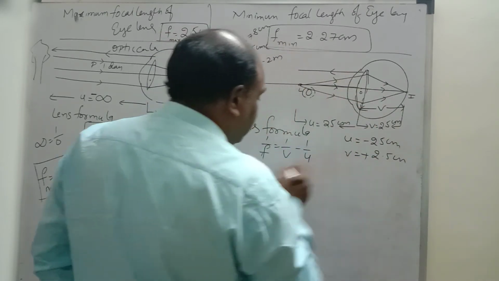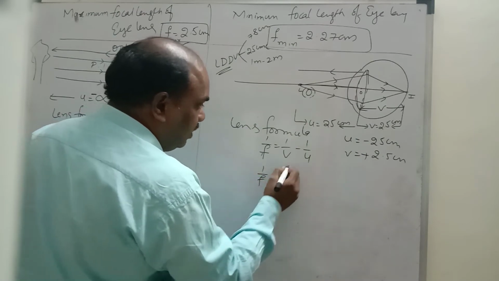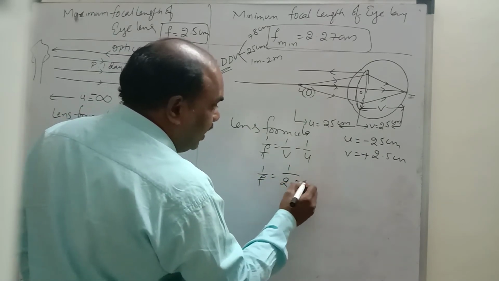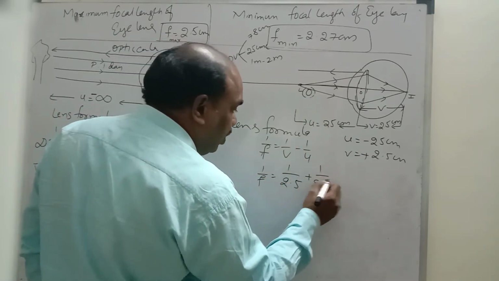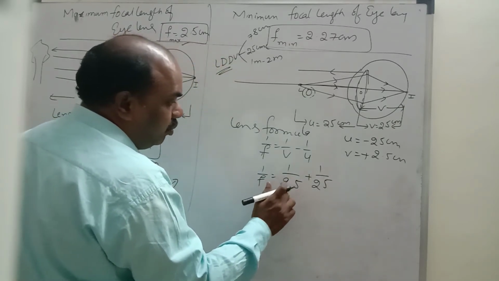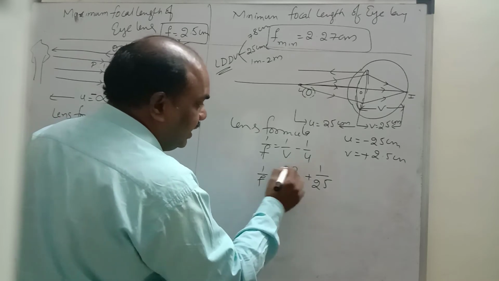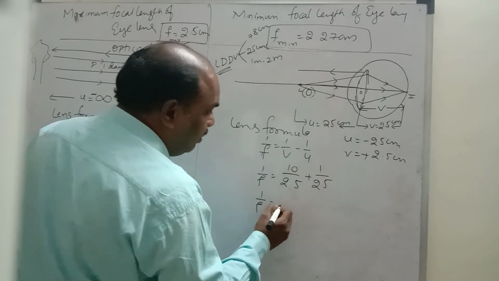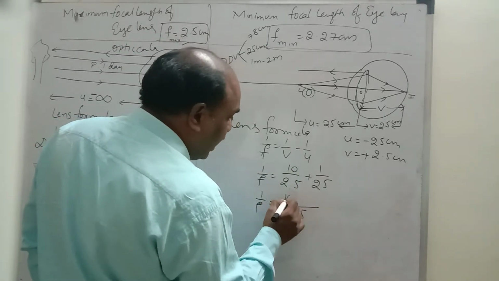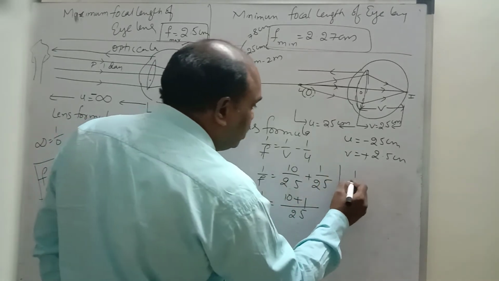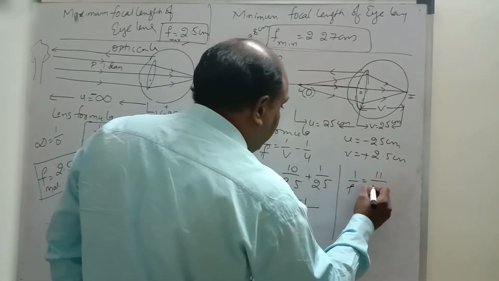So plus. Substitute here: 1 by f is equal to 1 by 2.5 minus into minus, plus 1 by 25. If you remove 2.5 by 10, 10 comes into the numerator. Directly I am writing 10. So 1 by f is equal to, the bases are the same, you have to add the powers, 10 plus 1. So 1 by f is equal to 11 by 25.